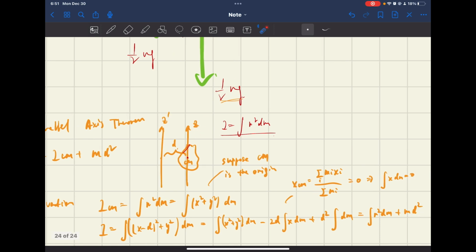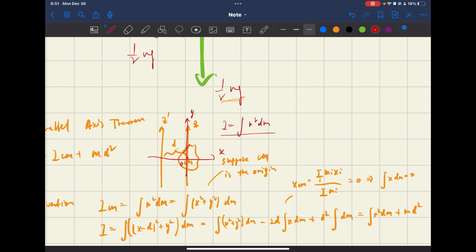Now we move on to the z prime axis, because we're supposing the center of mass as the origin. So this is the x-axis and this is the y-axis. The center of mass CM is the origin.